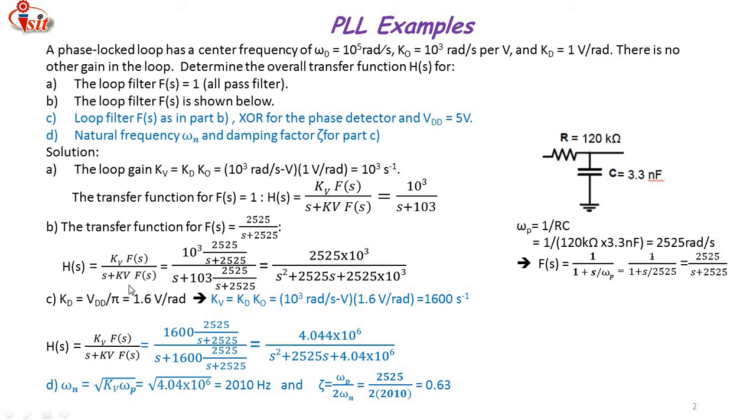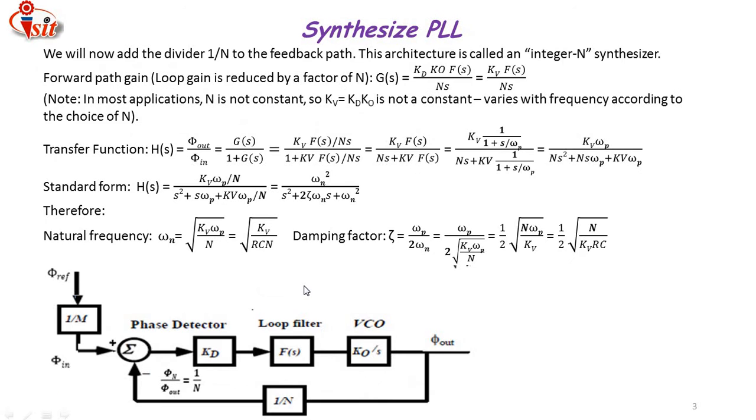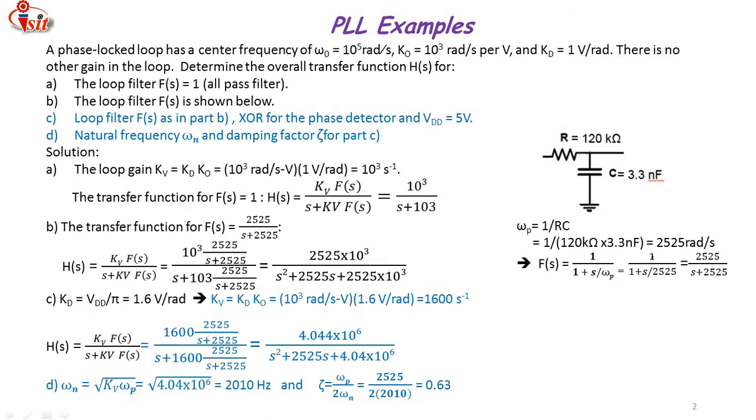This is equal to 10 raised to 3 multiplied by 2525 divided by s plus 2525, the whole factor divided by s plus 10 raised to 3 multiplied by 2525 divided by s plus 2525, which equals 2525 multiplied by 10 raised to 3 divided by s square plus 2525 s plus 2525 multiplied by 10 raised to 3.